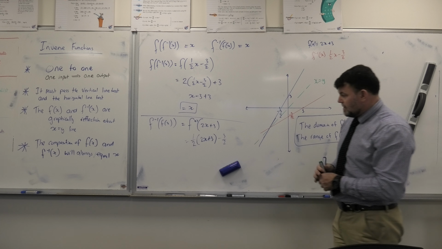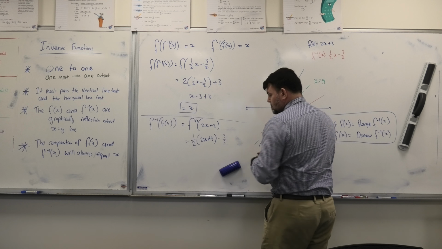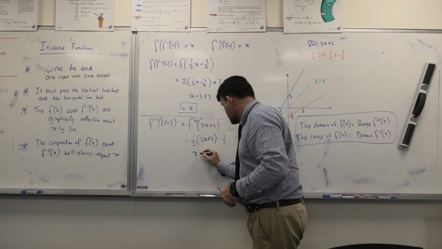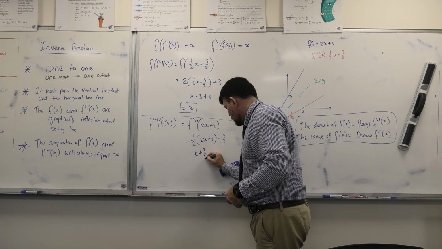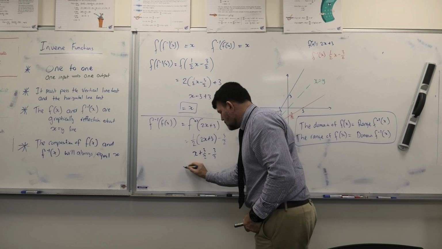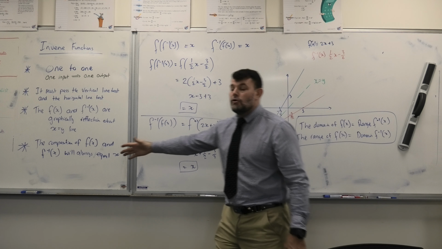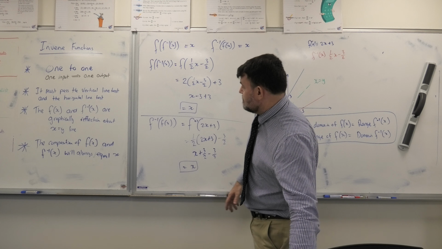So let's work this out again. We're going to get half times this is going to be an x. Half times 3 is 3 halves, so x plus 3 halves minus 3 halves. Those will cancel out, so I'm left with x. And that is the fourth property when it comes to inverse functions.